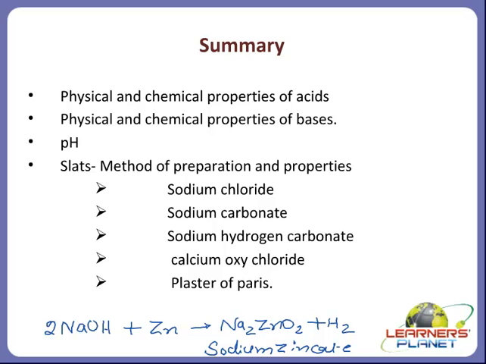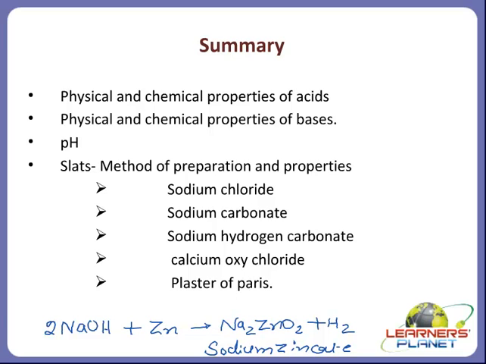So what was the pH scale, children? The pH scale ranges from 0 to 14. Right? So the substances which have pH less than 7 are acidic, and the ones which have pH above 7 are bases. This pH is a very important concept because it tells you whether a substance is acidic or basic, depending on which certain action can be taken.